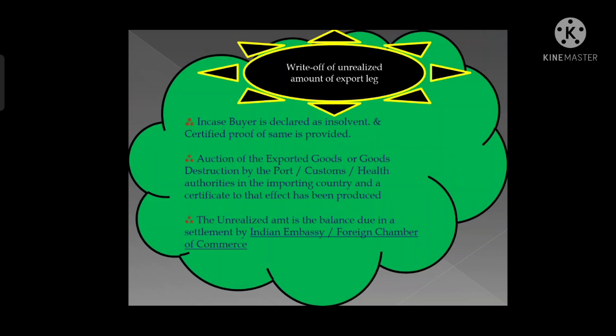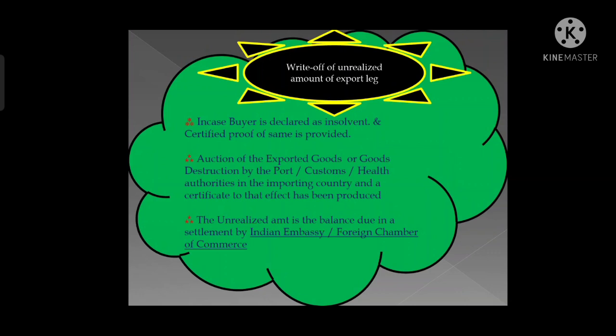Then the unrealized amount of the export leg can be written off. If the goods have been destroyed by the importing country's port, customs or any other authority, then also a certificate is required stating that the goods have been destroyed. So whenever that certificate is provided, the unrealized amount of the export leg can also be written off by the bank.